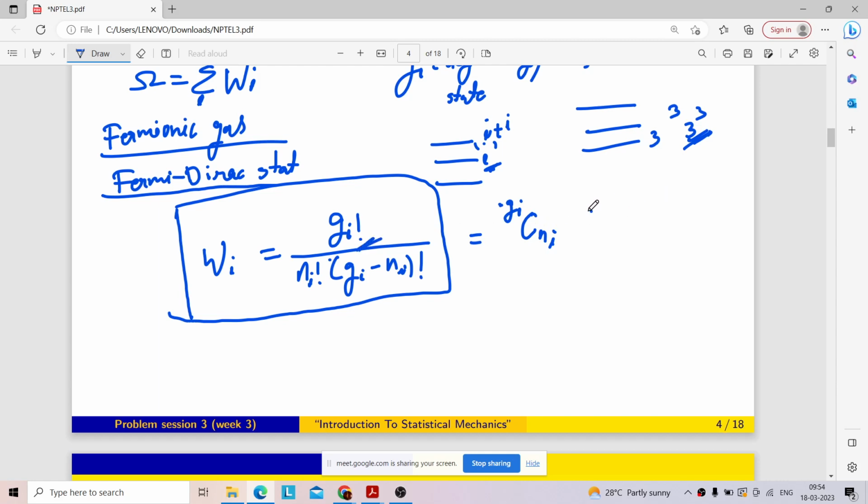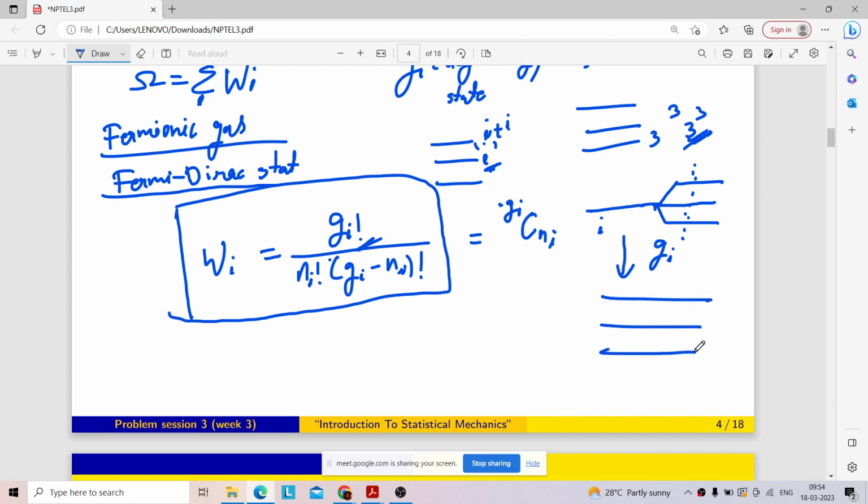Because we are considering the ith state as having Gi number of substates. Equivalently, we can say there are Gi number of states.